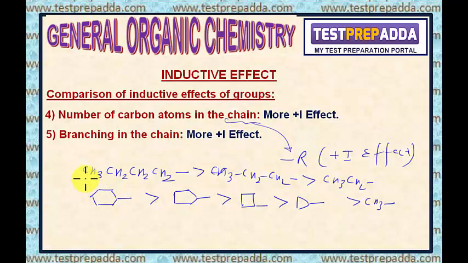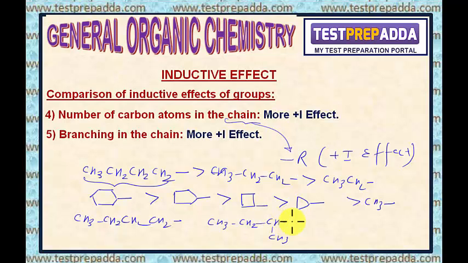For example, if I take this, this is normal butyl, CH3, CH2, CH2, CH2. If I do the branching like this, CH3, CH2, CH, CH3. So here you can see 4 carbon atoms, here also 4 carbon atoms.